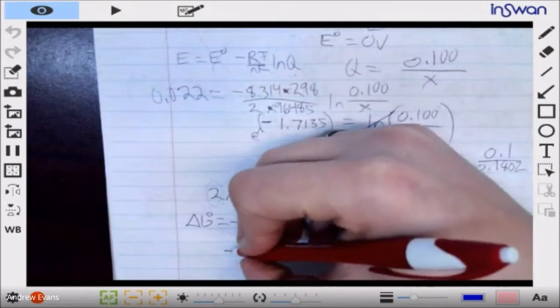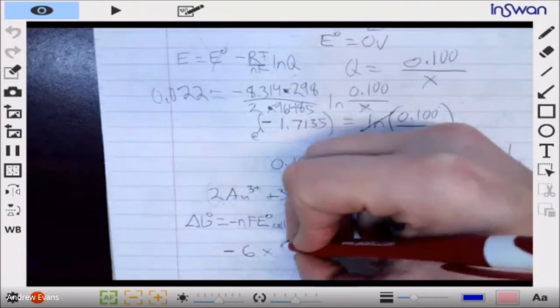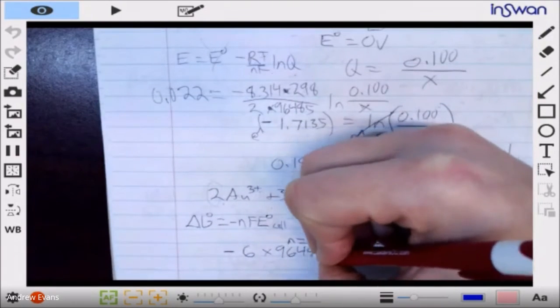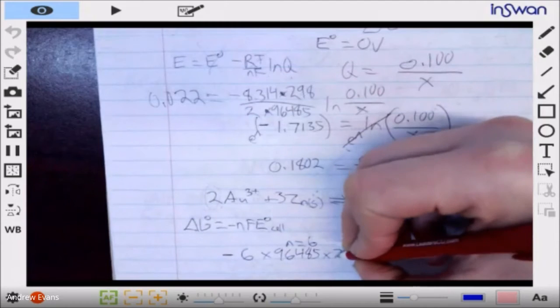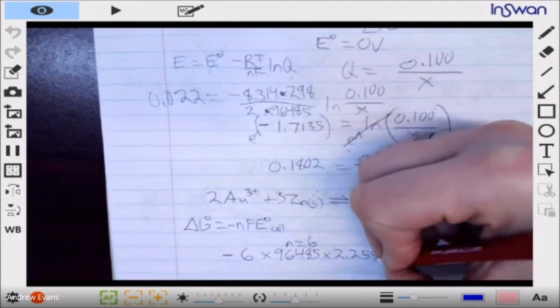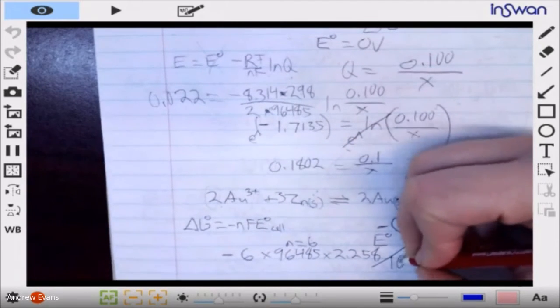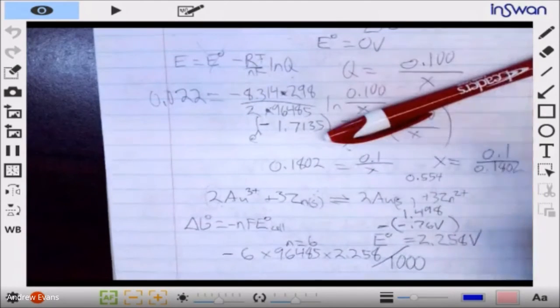So our answer would be negative 6 times 96485 times 2.258. And then we have to divide by 1,000 because we want kilojoules, not joules. Otherwise, this would be an incredibly large number.